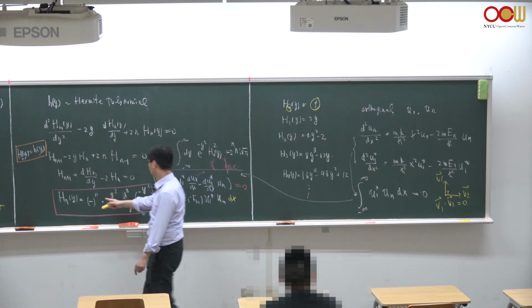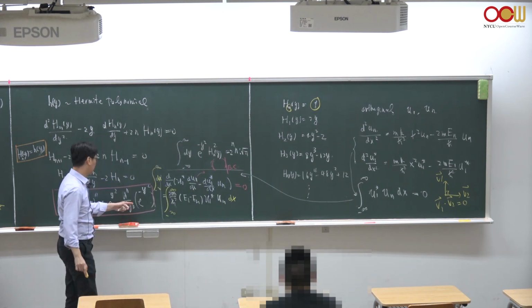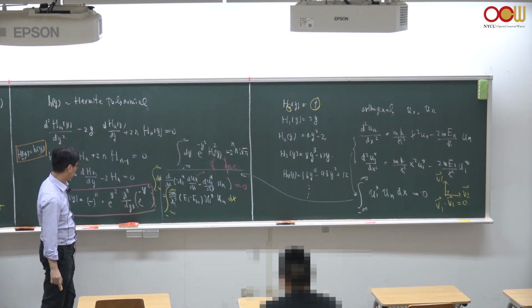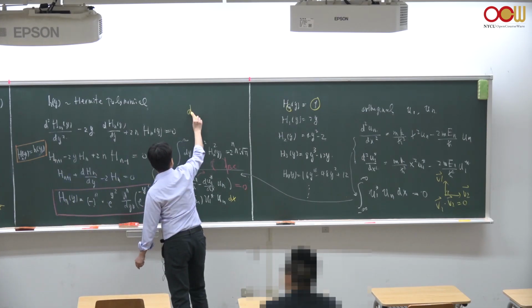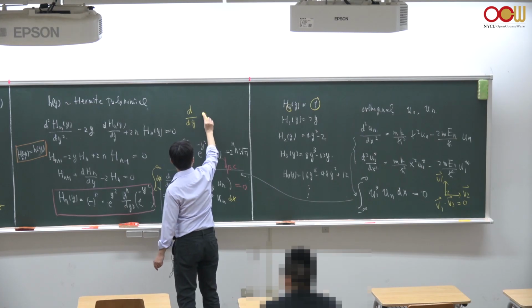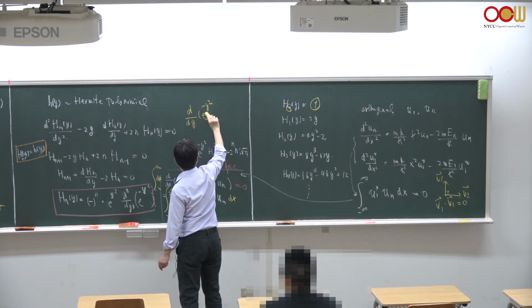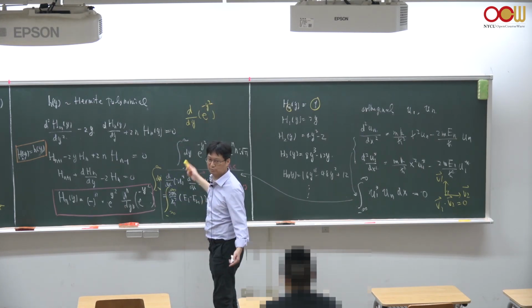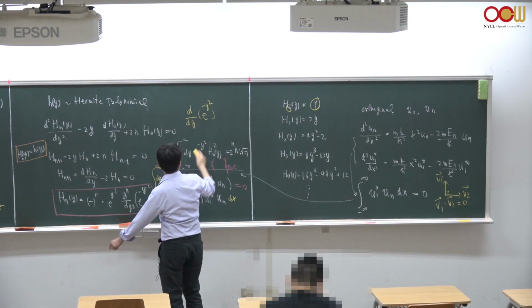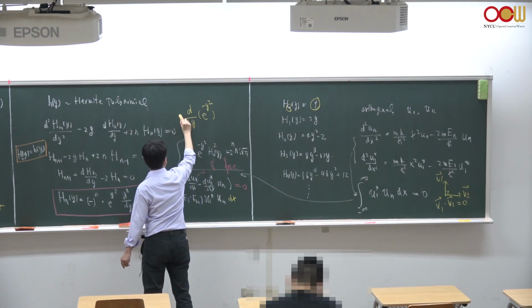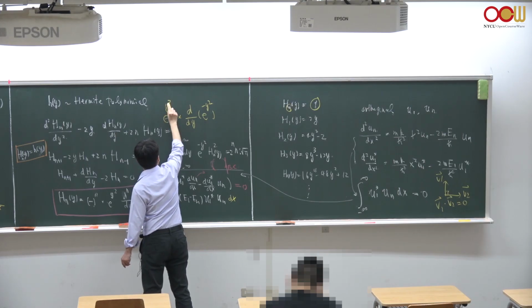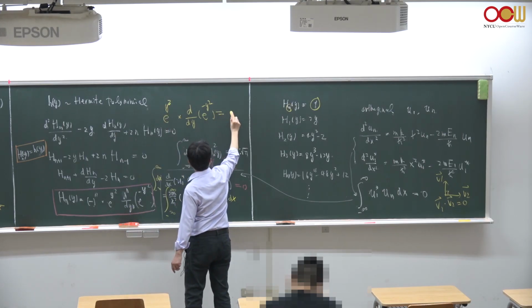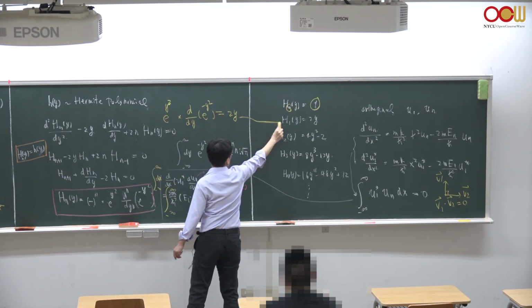If little n is 1, you need to take the first derivative of this thing, which is what? You know that, right? d e to the minus y squared over dy, you tell me. And when you do this and multiply by e to the y squared, you get 2y, which is this.